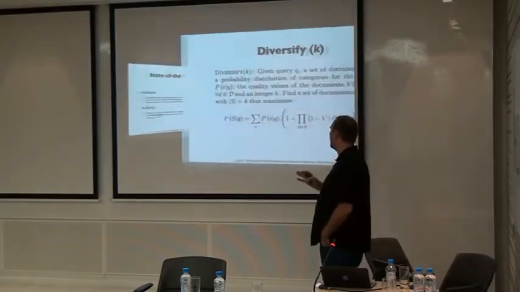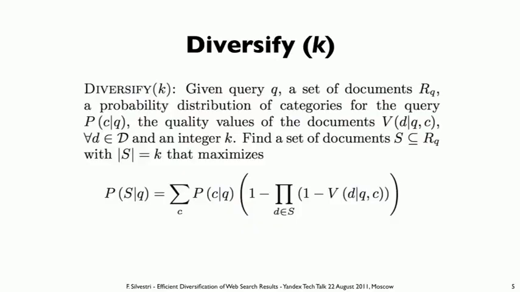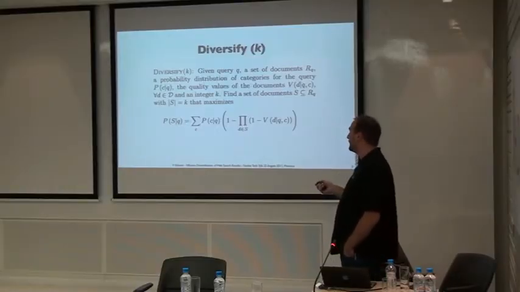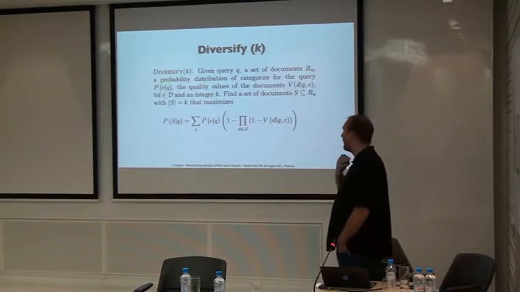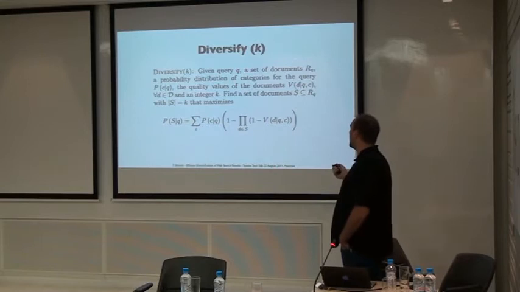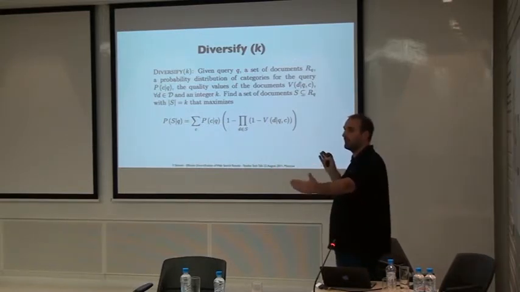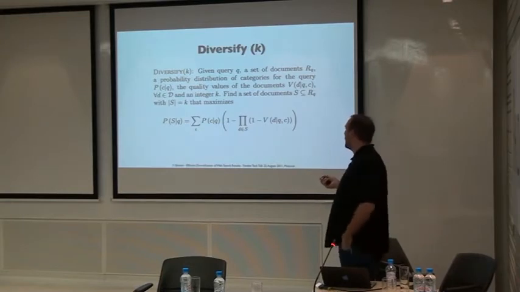So you basically have documents, each of them representing a set of user intents. Then you have a query having multiple user intents behind, and then you want to cover all the user intents of the query with k documents. So you want to maximize this coverage, right?